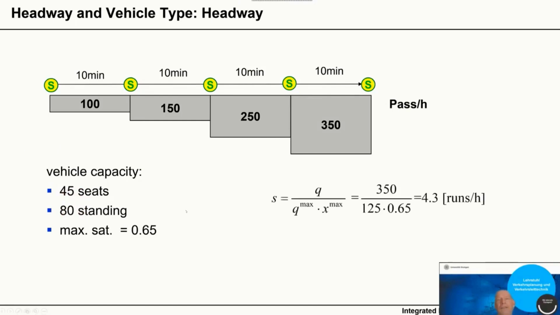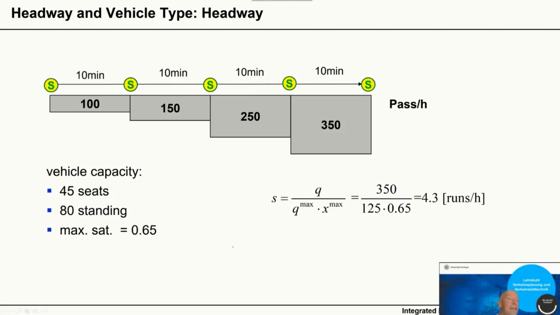Now, if you determine the number of service runs you need, you can first look at this cross-section, 350 passengers. We have a total capacity of 125, but we count only 2/3 of this value. If you do the computation, we end up with 4.3 runs, which means we need 5 runs per hour.